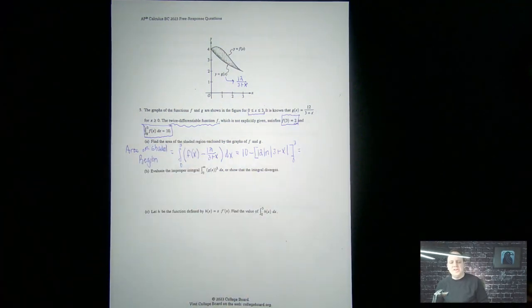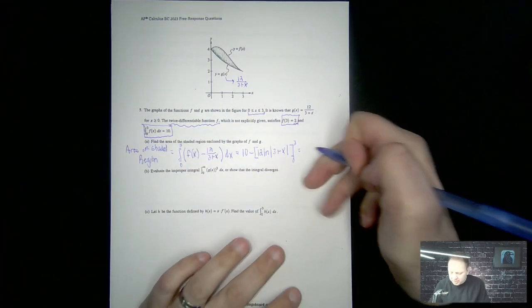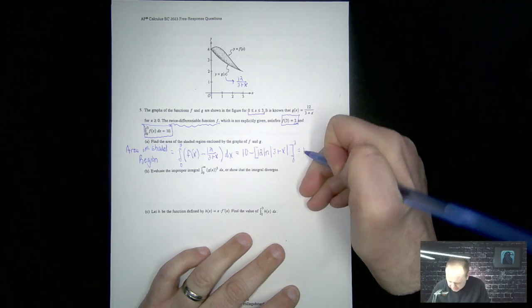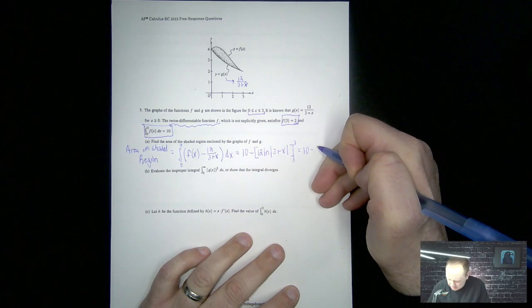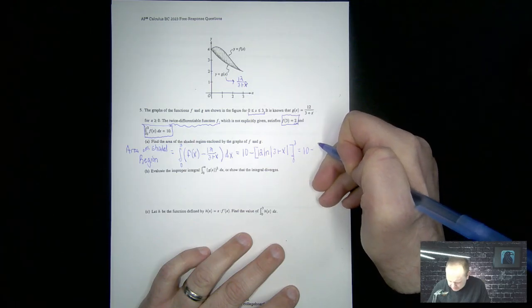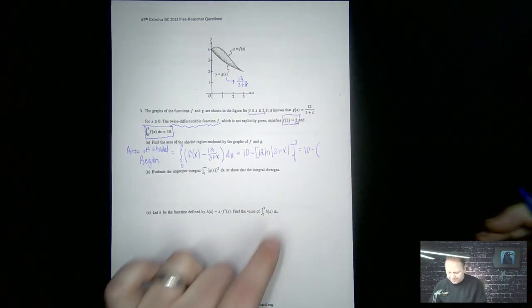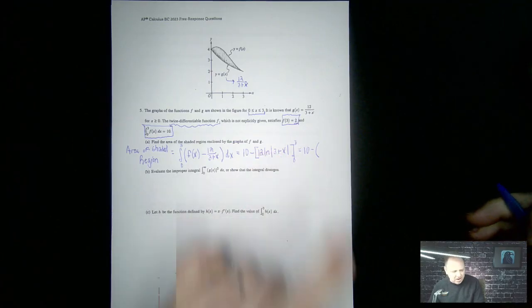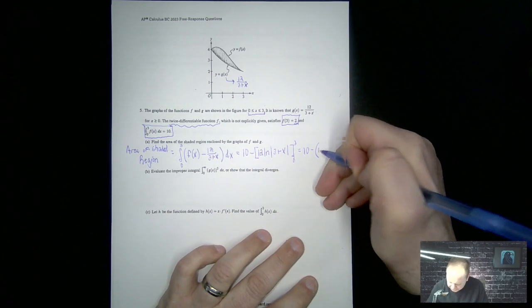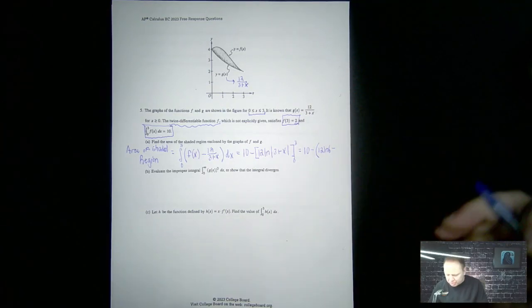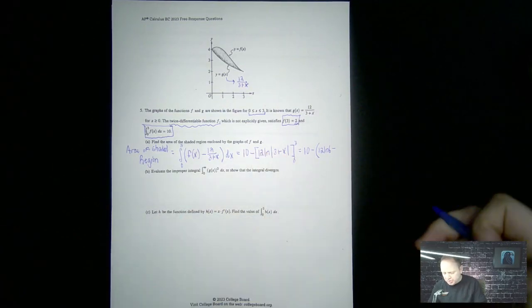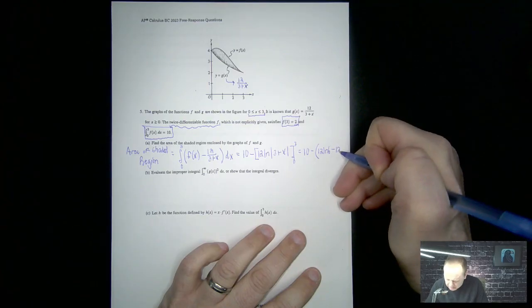And I'm going to keep writing this all in one line as I go. I'm going to do FTC of the second part of this expression. So 10 minus parenthesis. When I plug in 3, I get 12 ln of 6. Then I'm going to subtract plugging in 0, which gives me 12 ln of 3.